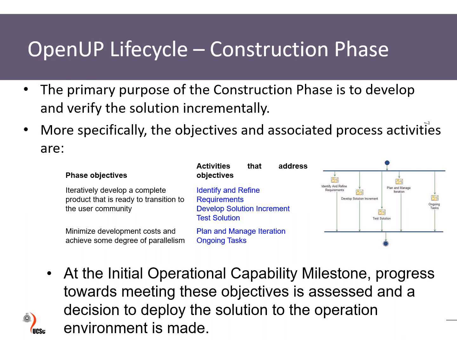That will continue here; while refining the requirements they may identify new things, and develop the solution increment and test the solution over several iterations. They plan, develop the solution increment, minimize the development cost, and achieve some degree of parallelism. That is the very tough thing, and therefore plan and manage the iteration, getting the maximum within the given set of constraints.